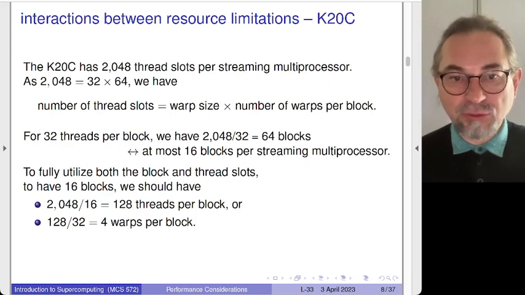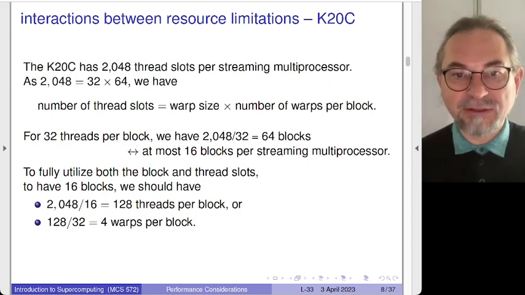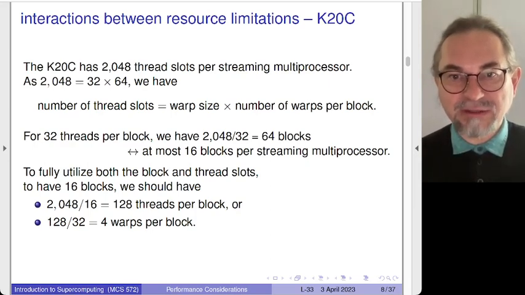And this leads to 4 warps per block or 128 threads per block if we want to occupy the GPU fully. So one can see this as constraints, as guidance on how to partition.